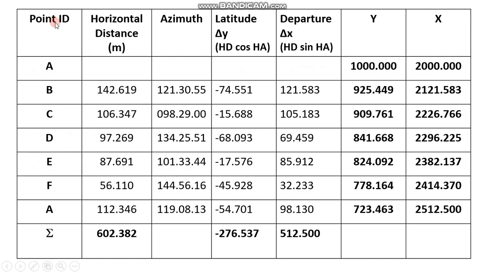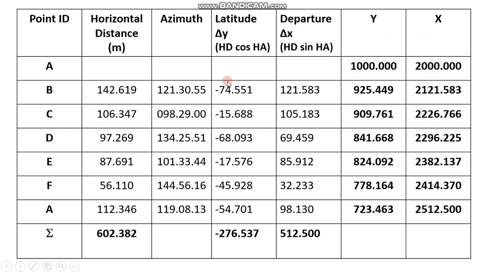Our first table has the point ID, which shows the names of the control points, the horizontal distance measured in meters, the azimuth, which is also the horizontal angle measured in degrees, minutes and seconds, the latitude, also known as the delta y, the departure, also known as the delta x, and then the y coordinate and x coordinate.